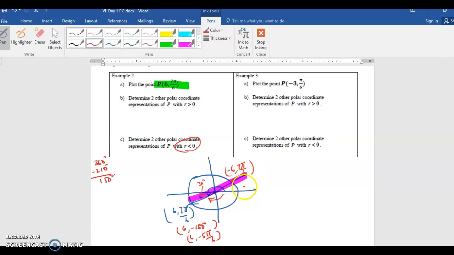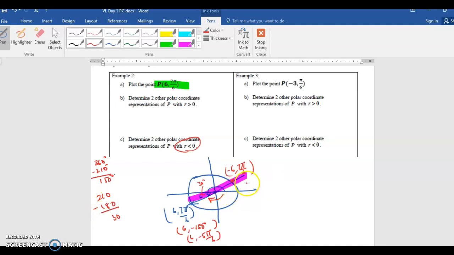We can also write this as negative 30 degrees, because we just have to add or subtract π, right? I'm choosing to subtract because it's already 7π/6. When I subtract π from it, that means I'm subtracting 180 from it, and you will get 30.